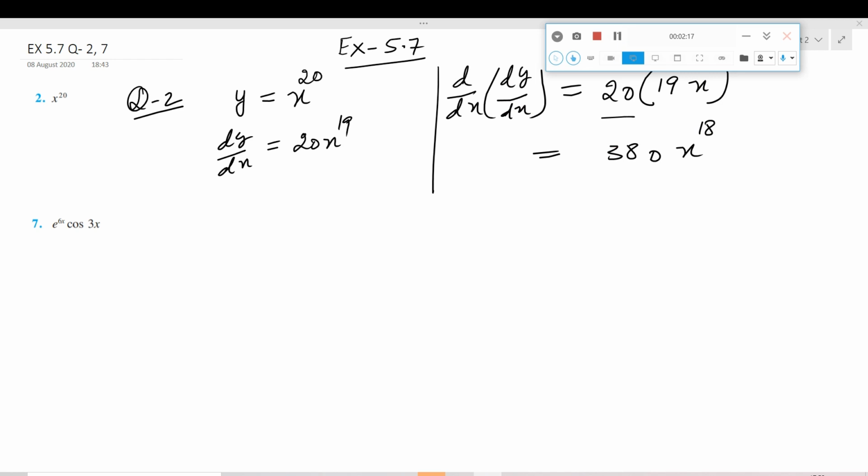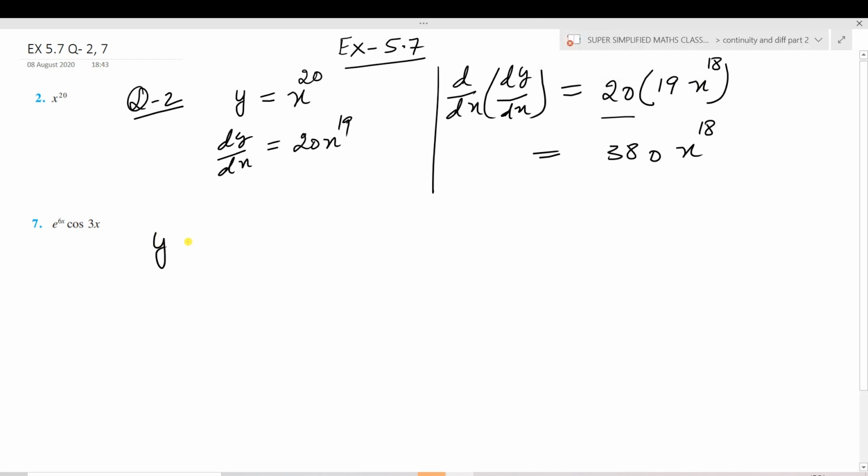Now we have question number 7 and in question number 7 you are given that function y or f(x) is equal to e raised to the power 6x into cos 3x and we have to find its second order derivative. So first I differentiate with respect to x and on the right hand side I have to apply the product rule.